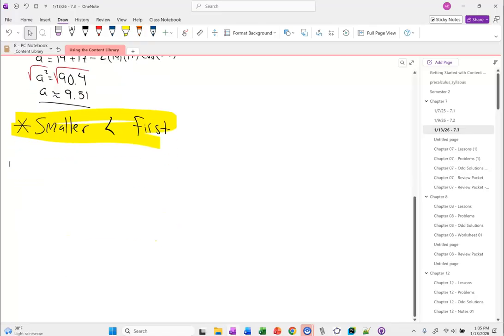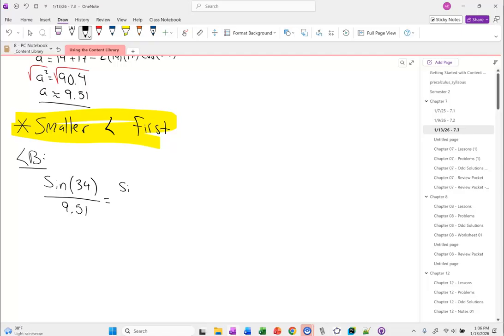So we need to find angle B next. Now to do that, we can just do a law of sines, since this is like a side angle situation. So I can say sine of angle A over side A equals sine of angle B over side B. Yes, Alex.